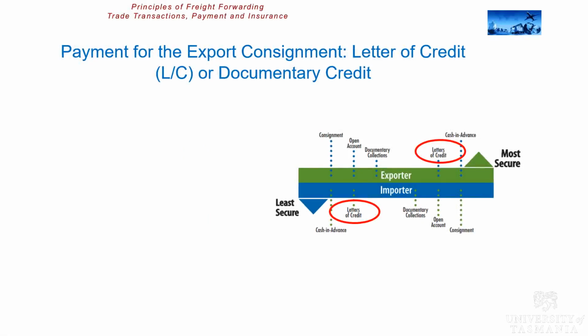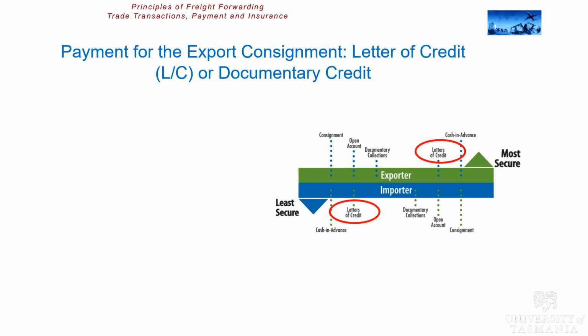Now, I'm not going to talk about all those varieties of payment terms, but I just want to speak a little bit to a letter of credit. Now, as you can see on that continuum, a letter of credit is quite popular with the exporter.